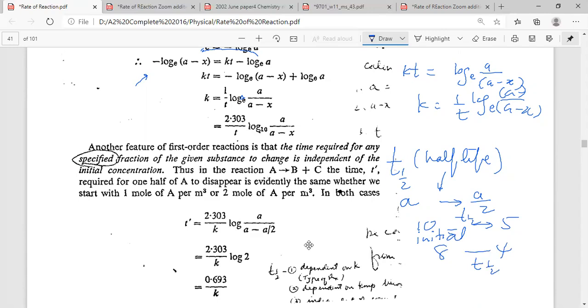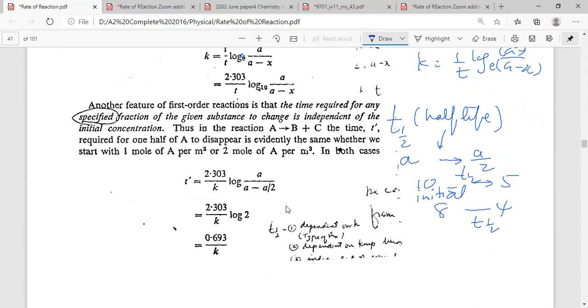See the half-life thing here, the half-life is equal to a constant, 0.693 over k, and k is only dependent on the temperature and the type of reaction. So if it is one type of reaction and the temperature is fixed, it means half-life is the same. So for a first order reaction, half-life is the same.